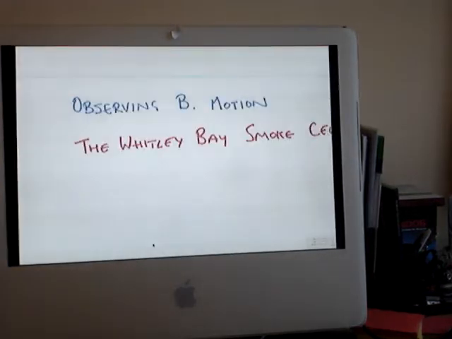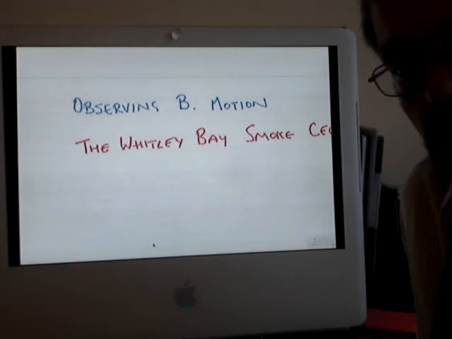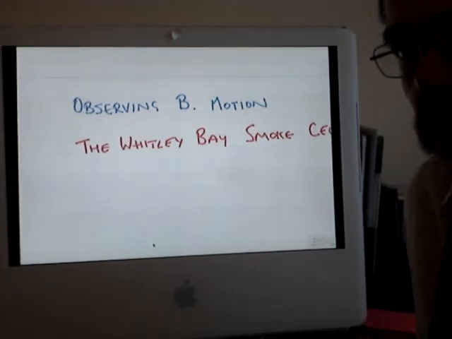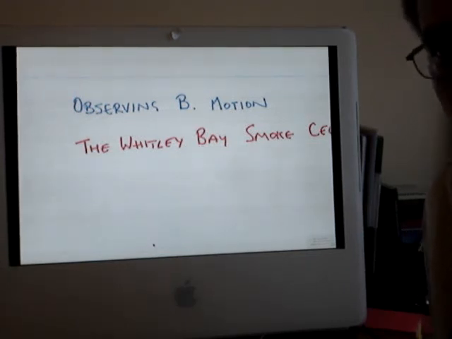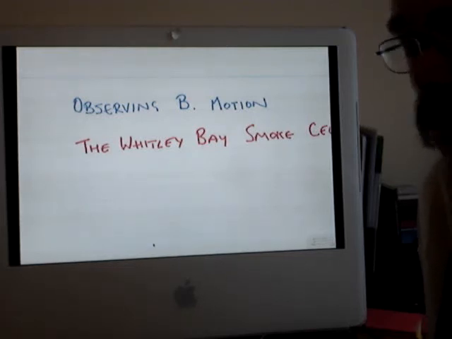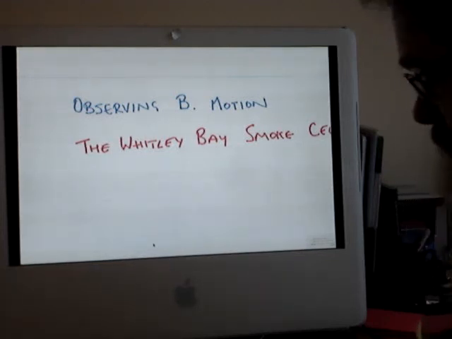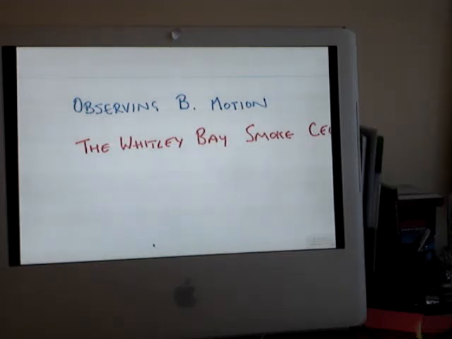How do we observe Brownian motion? Well, we use the Whitley Bay smoke cell. Whitley Bay is like a fishing village in Newcastle, somewhere up there, and there the fishermen, when they can't go out to sea because it's rough or bad weather, they stay at home, and in their workshops they make small pieces of scientific equipment, and one example is the smoke cell. Here's how it works.